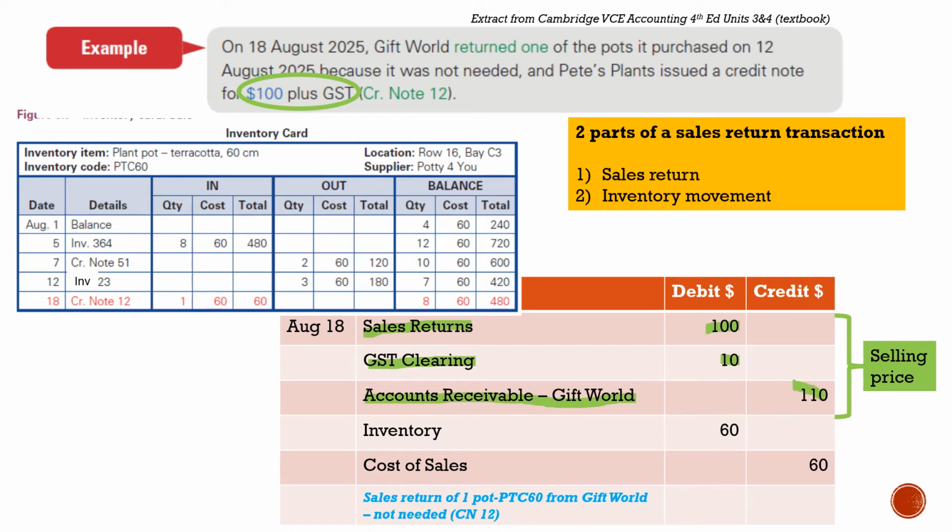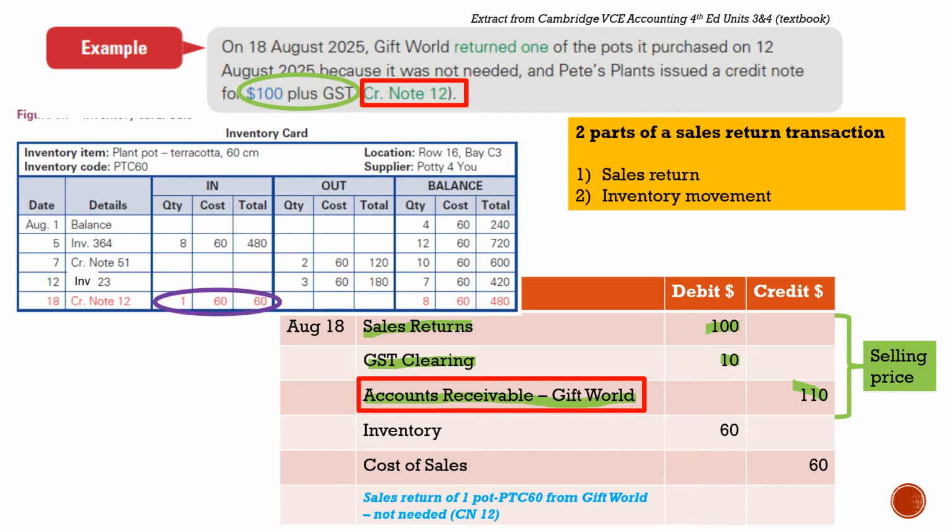From the source document ID that was given to us, we note that it was a credit note issued to the customer. Therefore, we know for sure that it was not a cash refund that was given to the customer. Instead, this is a reduction of the amount owed by the accounts receivable by $110. Next, we record the inventory movement.